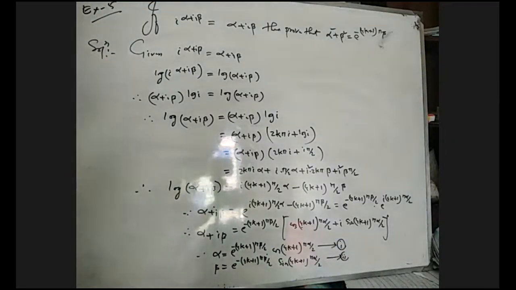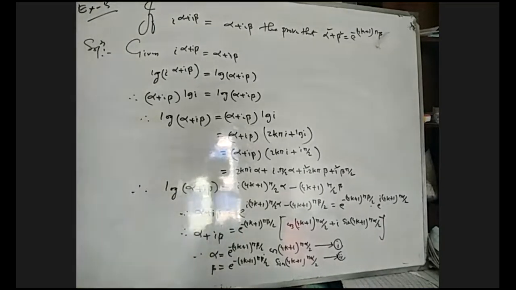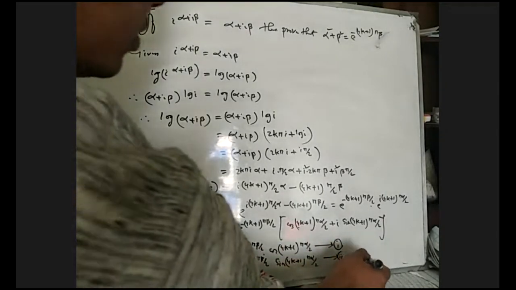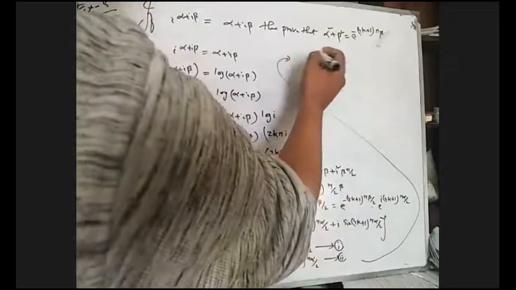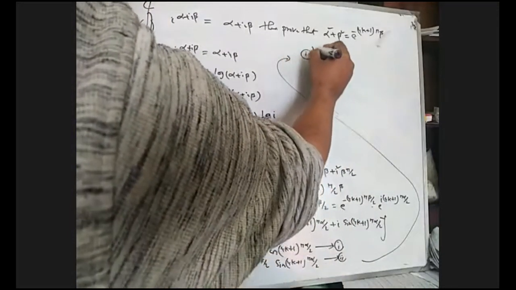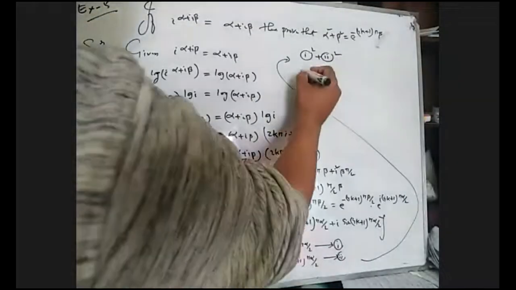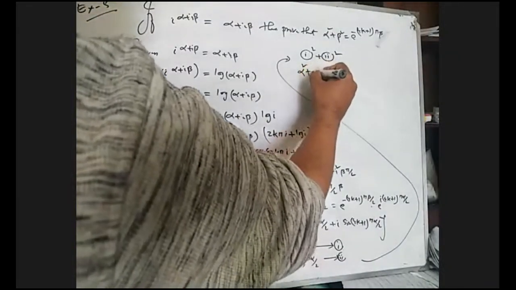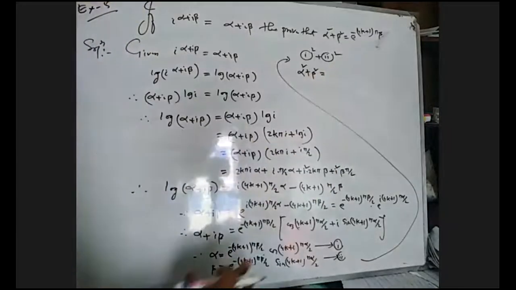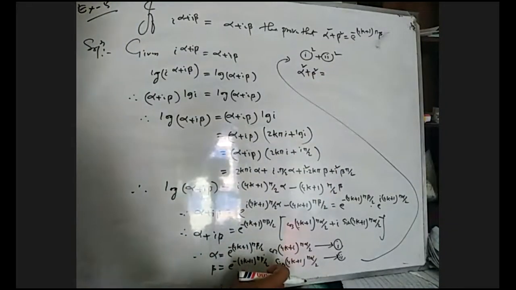So from equation 1 and 2, equation 1 square plus equation 2 square, and adding, alpha square plus beta square, what will be? This square plus this square. So this square means what?